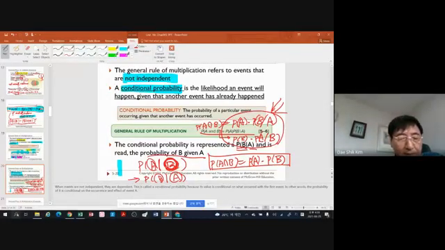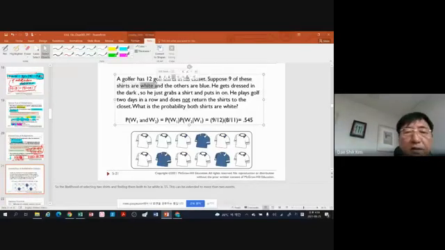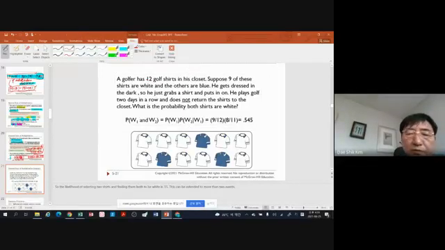Okay. Examples. A golfer has 12 shirts in his closet. Nine are white and the others, three, are blue.